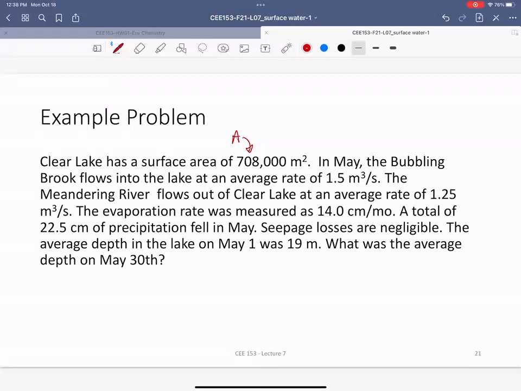So that's the stream flow rate, this one is Q in. Then there's a river that flows out of the lake at an average of 1.2 cubic meters per second. So that's the flow out.